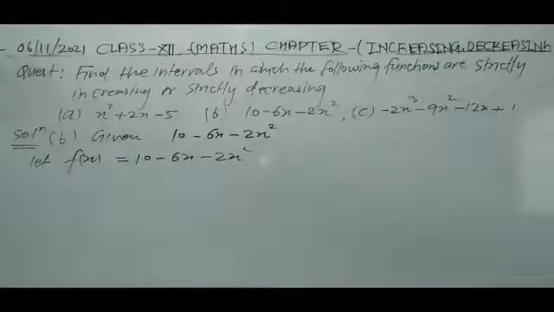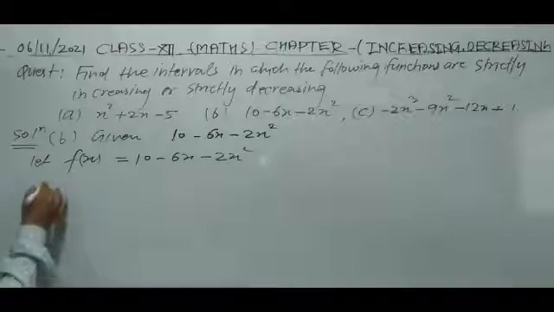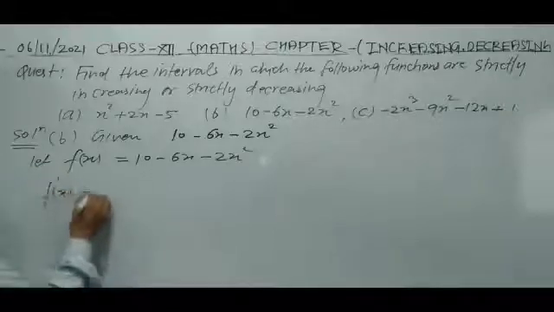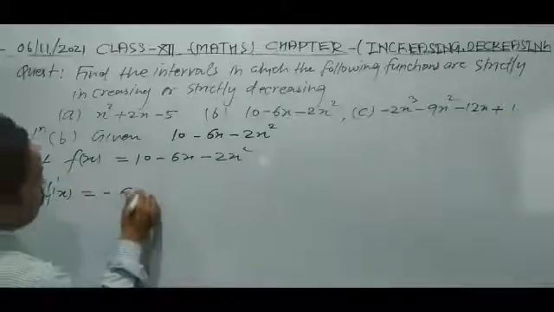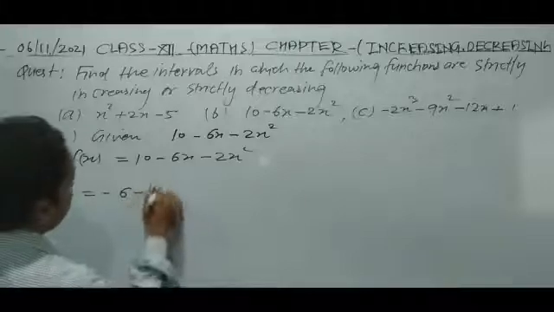So first of all we have to differentiate this function. After differentiation, what result will you get? Therefore f dash x we will get minus 6 minus 4x.